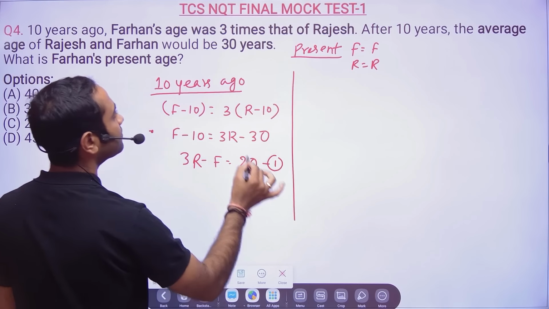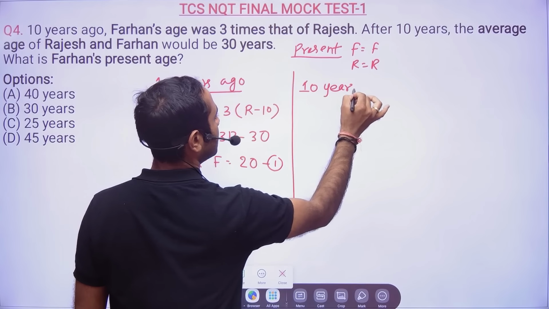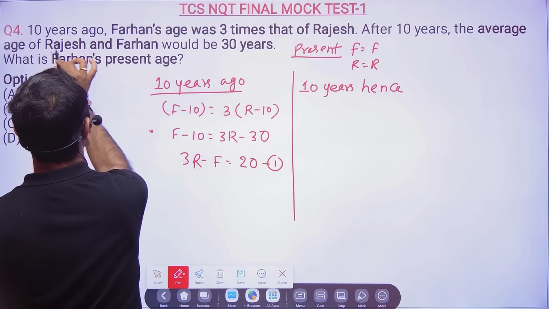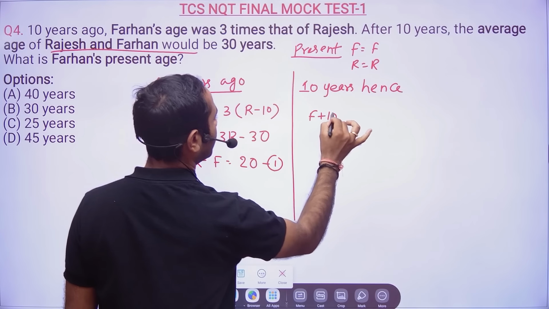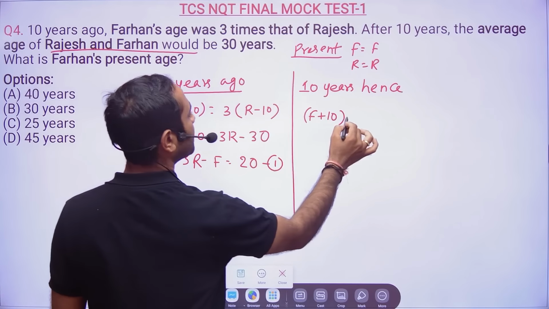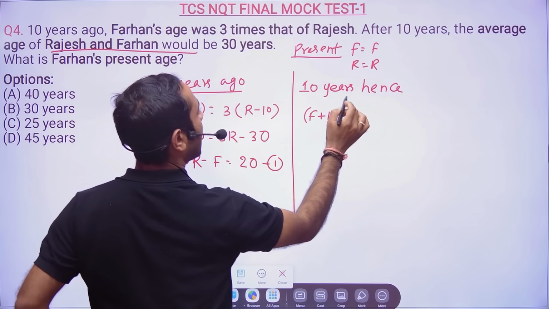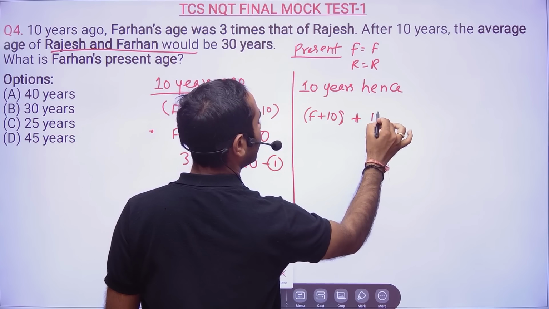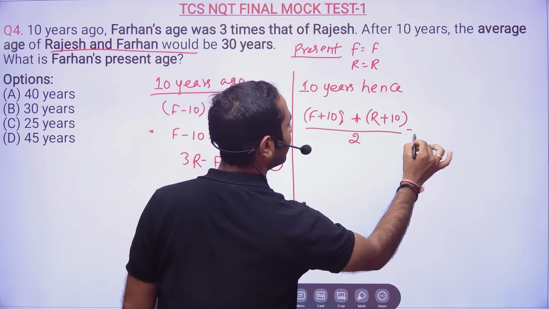Then after 10 years, the average age of Rajesh and Farhan. So 10 years hence means F plus 10 and R plus 10. The average will be the sum divided by the number, and the average is nothing but 30.